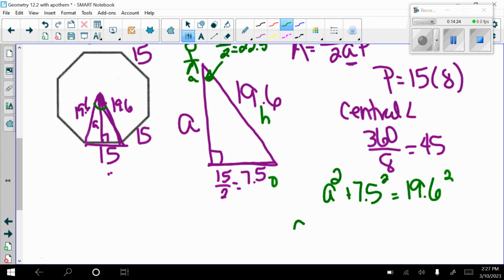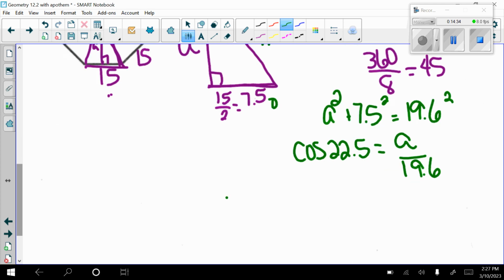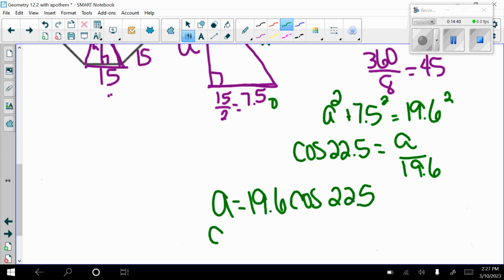So I could say the cosine of 22.5, because that's where I'm standing, is equal to the adjacent side, my apothem, over my hypotenuse, 19.6. So then remember, I just cross multiply, so A is equal to 19.6 times the cosine of 22.5. We want to make sure that our calculator is in degree mode.